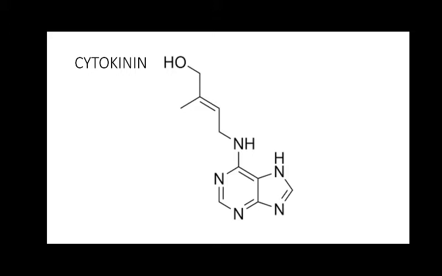It also tends to break senescence, the process of aging, where plants stop producing flowers or anything, the stage of dormancy. So cytokinin has a tendency of breaking that dormancy.